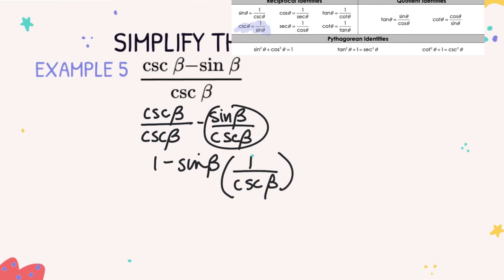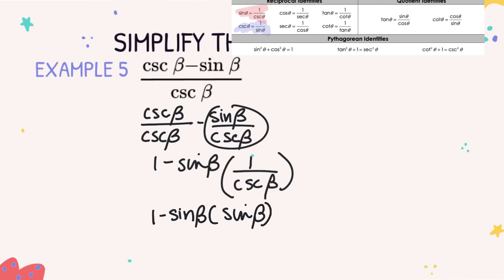Because now I can go up here to my identities and replace 1 over cosecant beta with sine, because they're exactly the same thing.